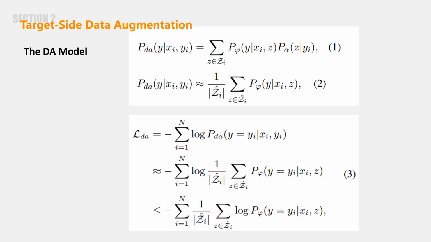By sampling various z from its distribution, we can approximate the expectation over z in equation 1 as the sample average in equation 2. As a result, we obtain an approximation of the MLE loss as equation 3. Using Jensen inequality, we get an upper bound of the loss, which can be easily optimized.